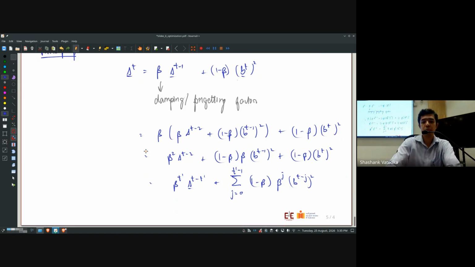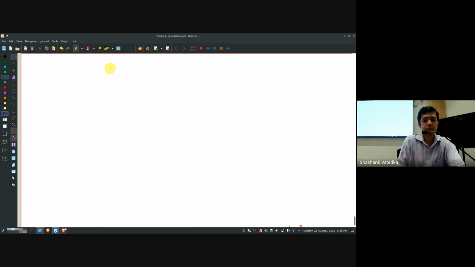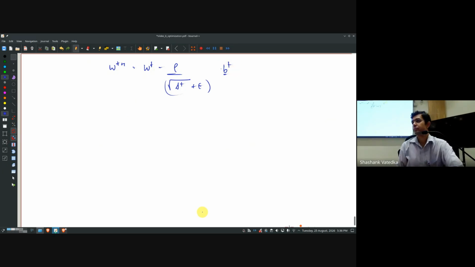So essentially you would run, in every time step, w_{t+1} equal to w_t minus rho divided by square root of S_t plus epsilon, times b_t. So this is the effective learning rate. Your choice of rho also determines how large a step size you take.